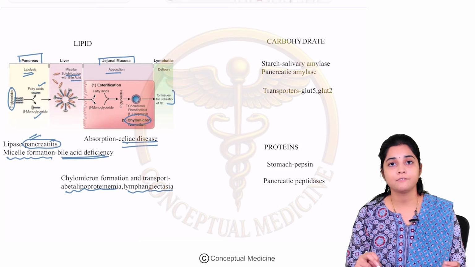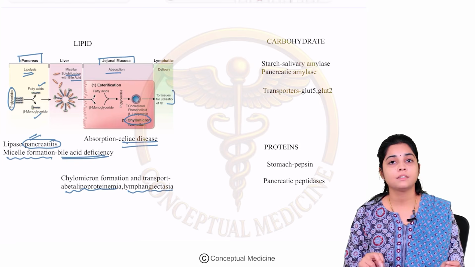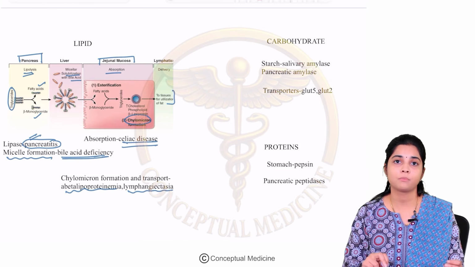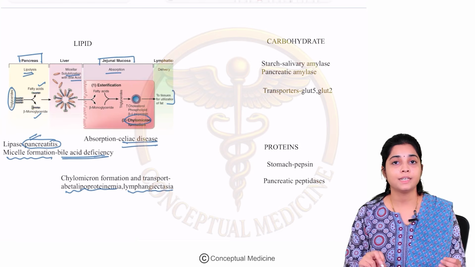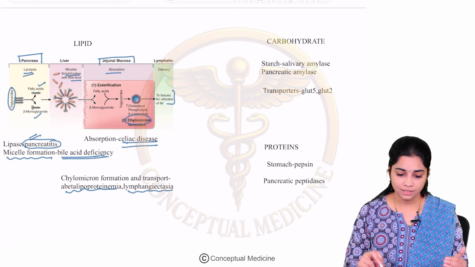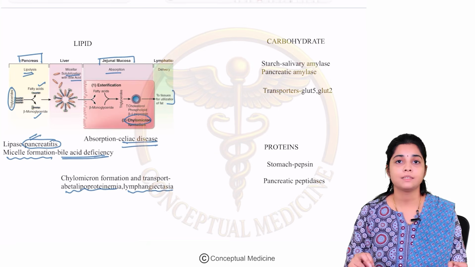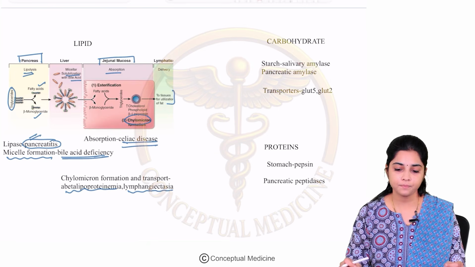Second, in bile acid deficiency, there is a defect in micelle formation. Third, in processes which directly affect the absorption such as celiac disease, there is a problem with the transport of micelles into the jejunum. Then after the jejunum, the phospholipid and the chylomicrons are transported via the lymphatics, and this can be affected in your lymphangiectasia and abetalipoproteinemia.